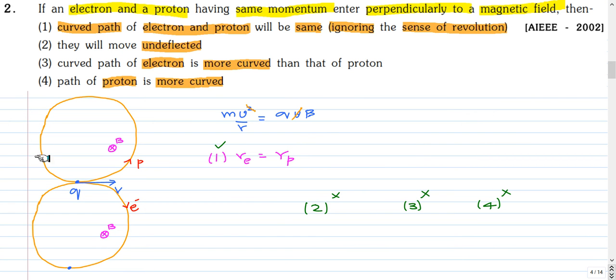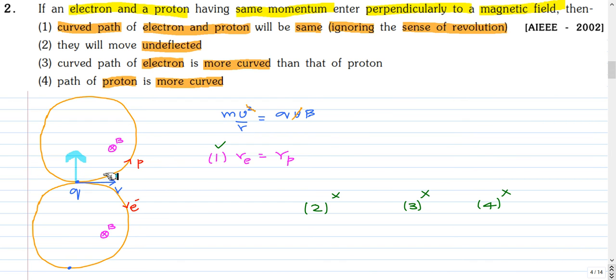So a charged particle of velocity v entering a region in which the magnetic field is perpendicular to it will experience a force qv cross B. So here the direction of force will be perpendicular to both velocity and the magnetic field. So it will be in this direction. This will be the direction of force if the charged particle is positively charged.